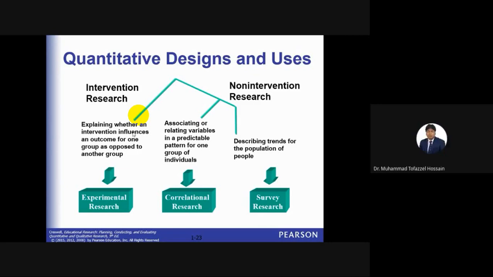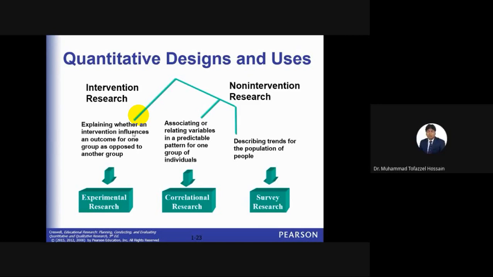So the first important thing is to find out the research problem, and then make sure what your research objective is. After reviewing the problem, you have to make sure what your research problem or objective is, what your research question is.